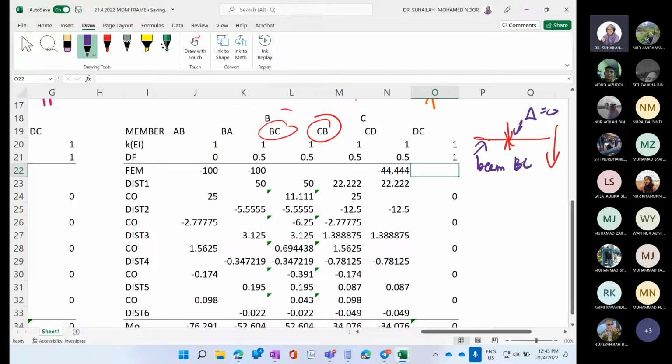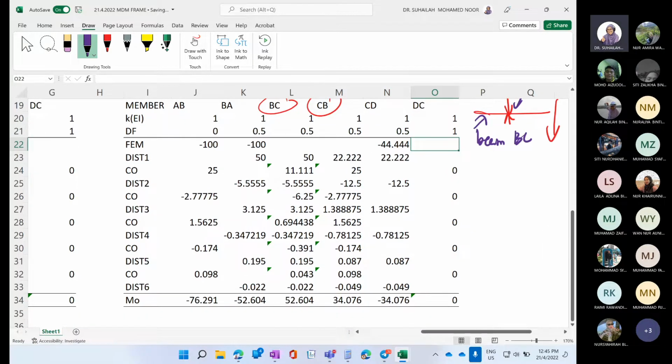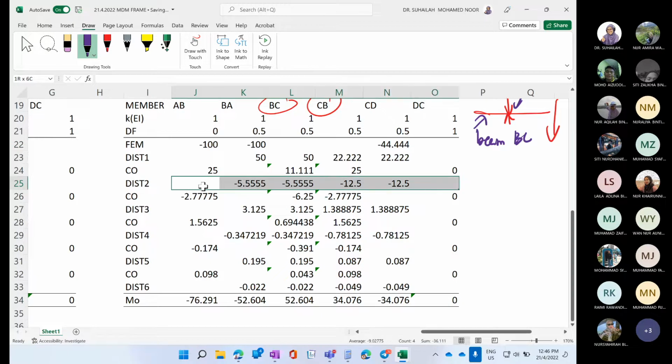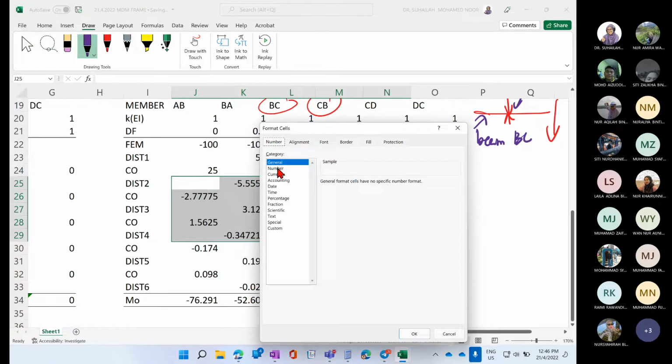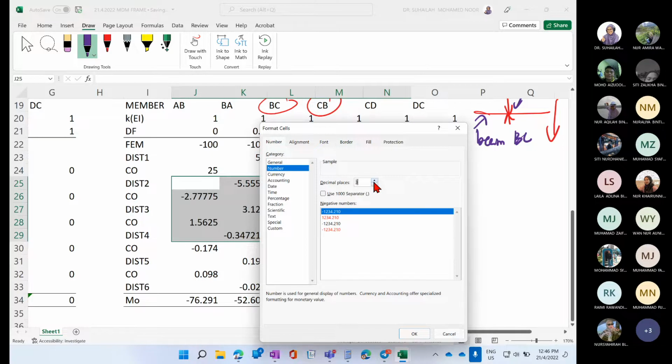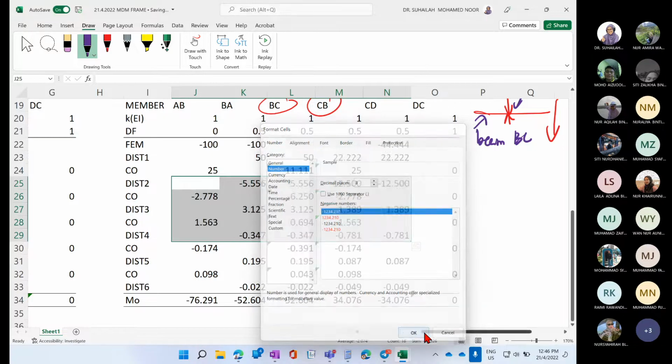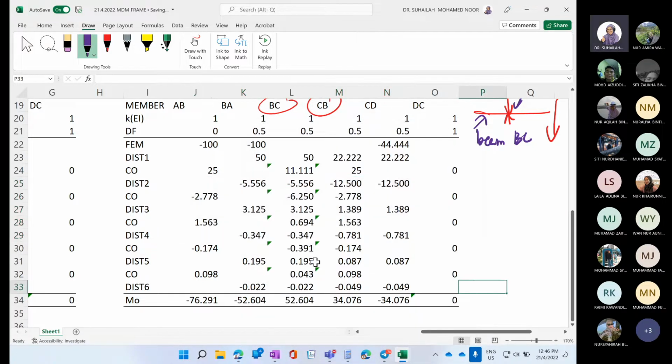So by putting this, we get the end moments.